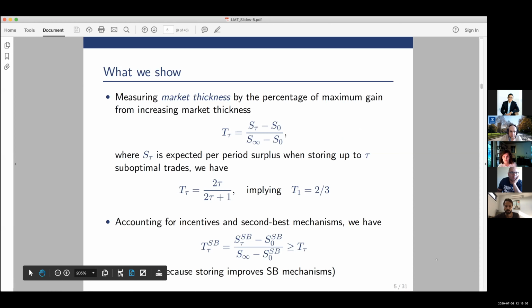He's not going to know the types of agents who haven't arrived. He just knows from which distributions they're drawn. But the planner is going to know the types of the agents who are here. And then the planner maximizes expected discounted social surplus. And that's the first step. And we're going to show results for that setting.